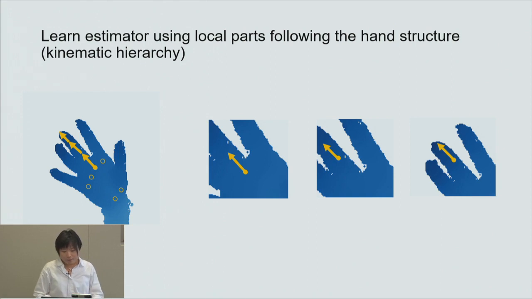So for each patch, we can learn the offset from the center to the following joint locations. As long as we can find some similar patches in the dataset, we can estimate the patches for new unseen images. And then when we concatenate all these patches, we can get the whole pose.